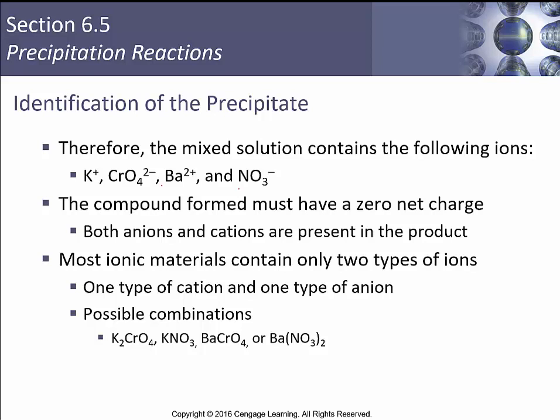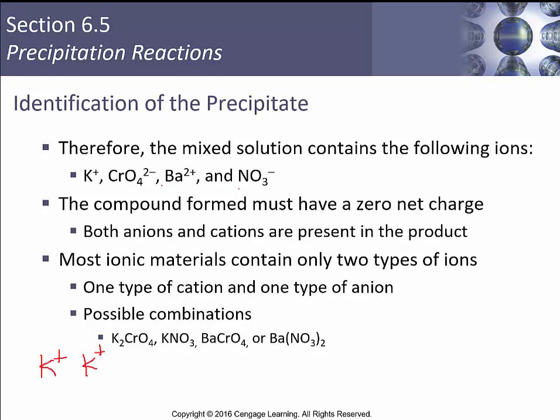The compound that is formed has to have a net zero charge, so both anions and cations are going to be present in the product. One of the things that I always found really confusing was, but what's going to happen with the other thing? You've got all these things floating in solution, so let's take a look at the possible interactions. We can have a potassium interacting with a potassium, right?